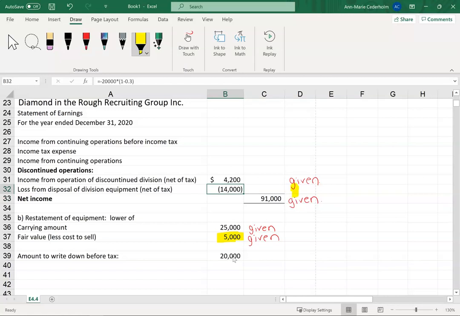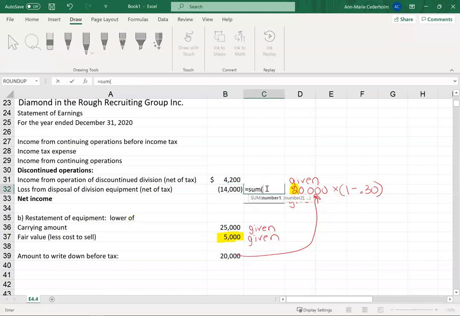So all I did is I took the 20,000 times 1 minus the tax rate to get me after tax. And remember that 20,000 was the write down. So I can add those two together and just put it right there. So the discontinued operations is a loss of 9,800.